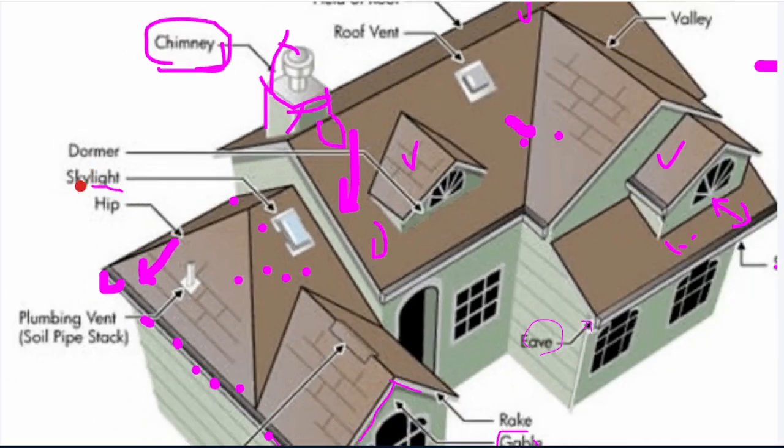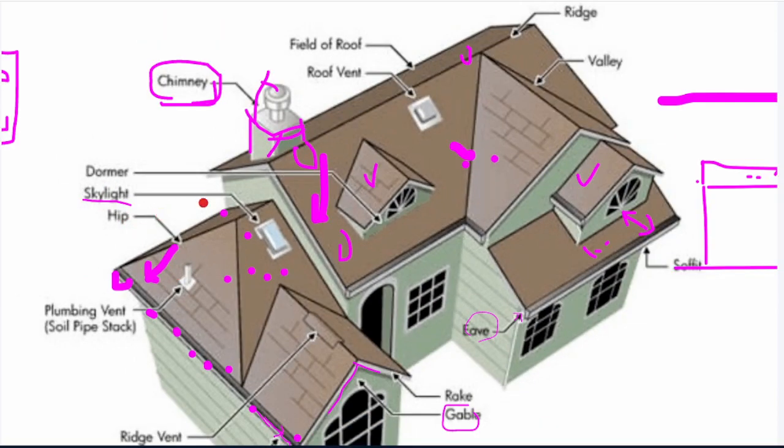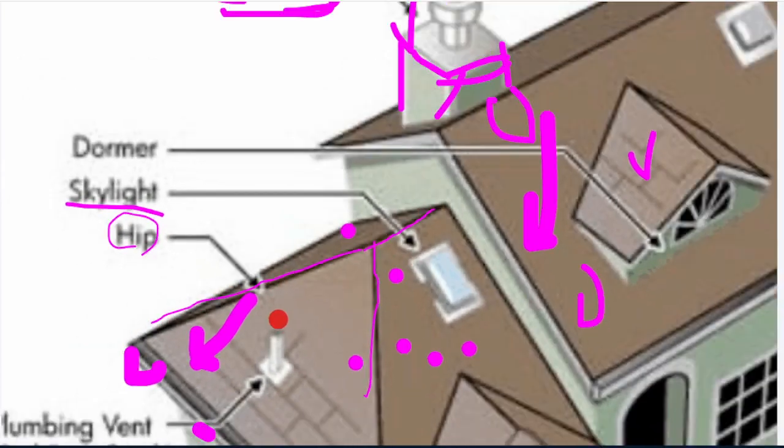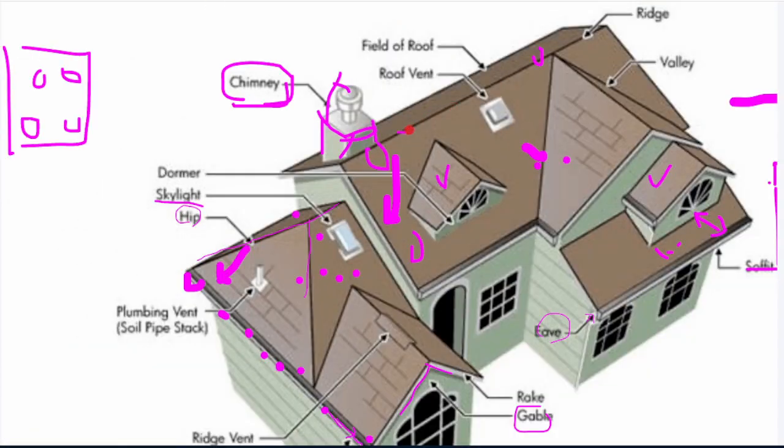Skylight we are not using mostly. Hip is also important. Hip. Look at here, this corner. The sharp corners which exist on top of every roof, you can see here. Let me do it with the yellow color, and these yellow colors are hips.